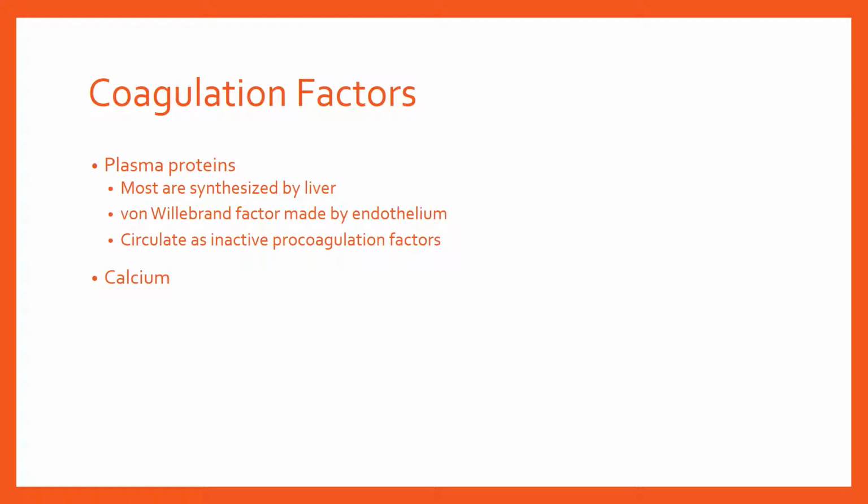This can be described as the synthetic function of the liver, to produce clotting factors or otherwise plasma proteins. There is one factor called von Willebrand factor, which is made by the endothelium, and von Willebrand disease is a deficiency of that factor. So you can ask a question: if we have so many coagulation factors, why doesn't all blood clot?